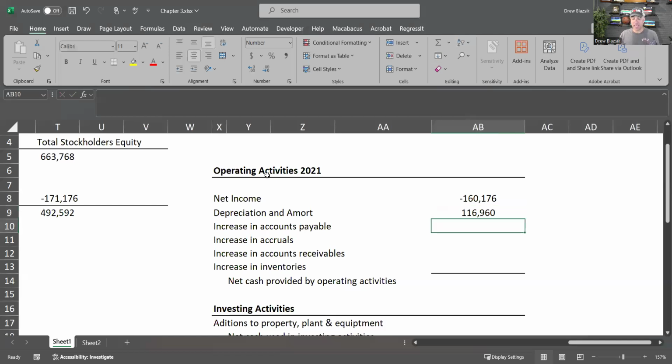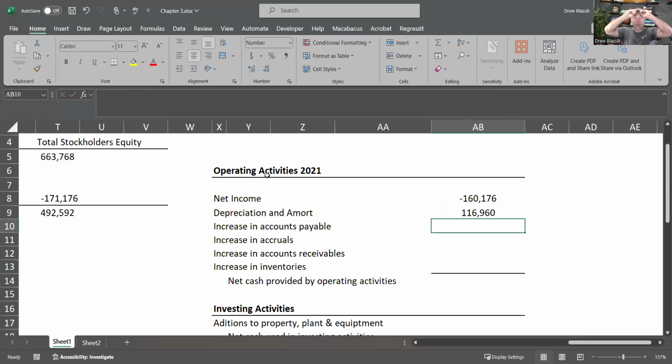All right. Now what we want to do is what is the change of accounts payable, accruals, receivables, and inventory? What does that mean? What is the change from 20 to 21? Okay. Now, let me explain this a little bit. Make sure we understand it. The accounts payable is a liability, an AP account. It's what me as a business owner owes to somebody.